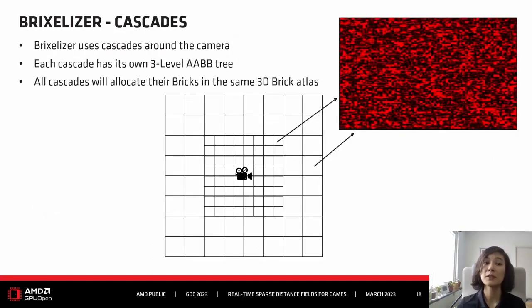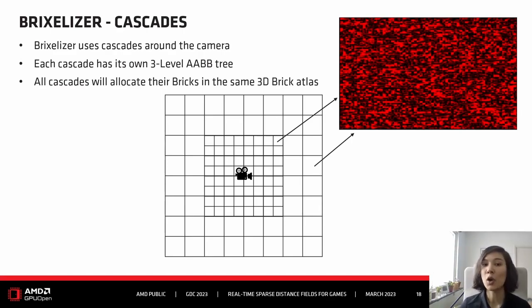Well, Brixelizer uses cascades, and they're typically centered around the camera, and this is to account for nearby objects and far away objects. So objects that are really close to a camera typically need a higher resolution than objects that are further away. And this is also one optimization, because this way we save on resolution for objects that don't need it because they're just so far away.